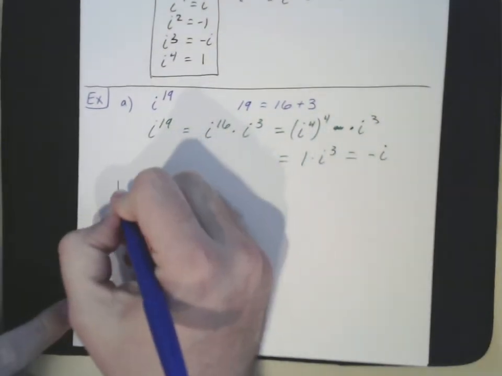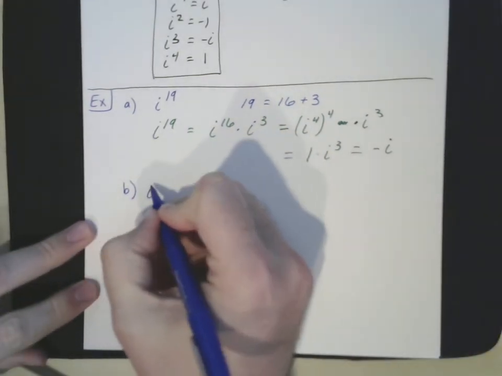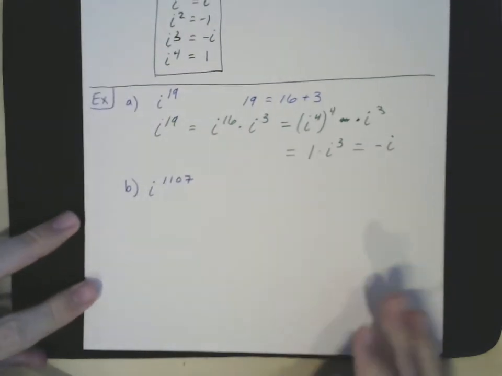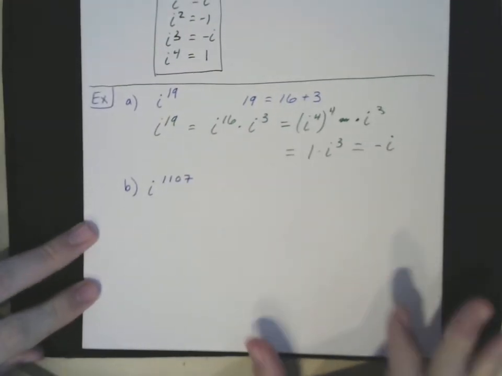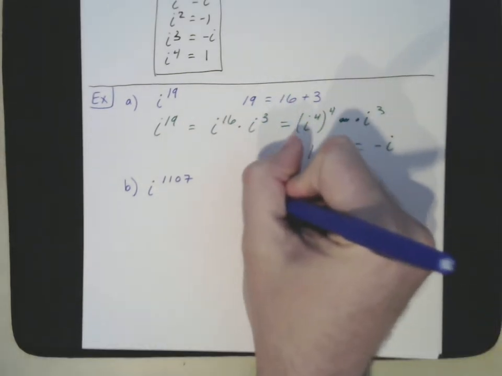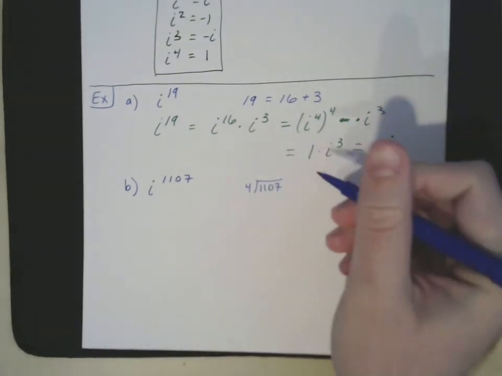So let's take a look at another one here. Let's do something real big like 1107. So we need to know what power of 4 goes into 1107. You can do that by just dividing 4 into 1107.